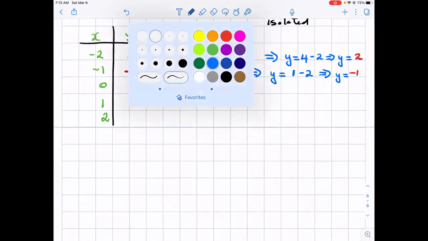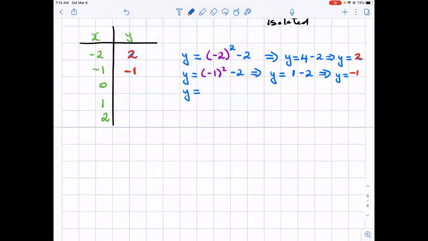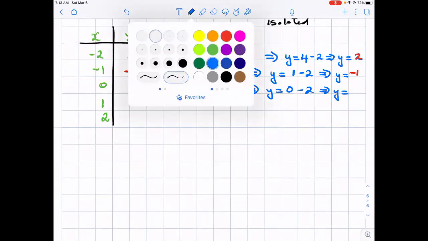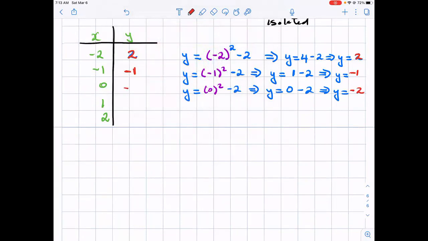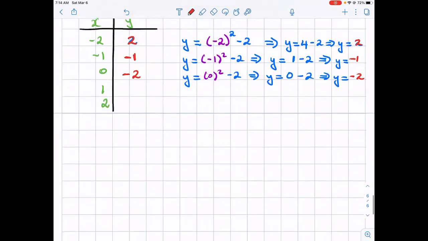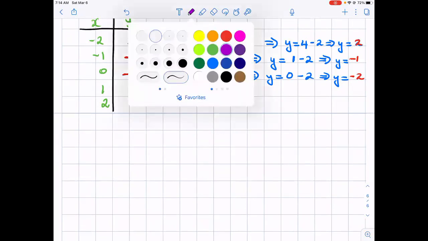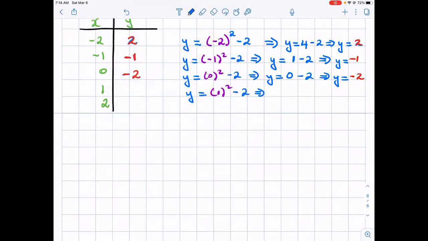If we continue, we have y is equal to 0 squared minus 2, so y is equal to 0 minus 2, so y is equal to minus 2. Then we try 1. We square that, and we subtract 2 from it. So y is equal to 1 minus 2, so y is equal to negative 1.